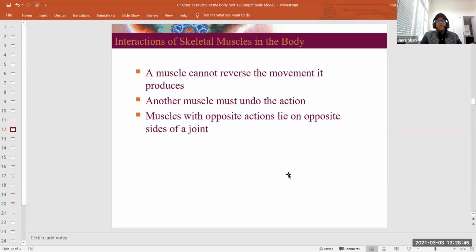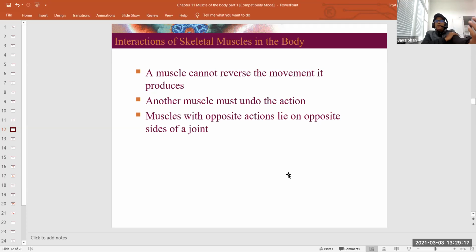Now, interaction of skeletal muscles in the body. Each time you flex your elbow or arm, the anterior muscles are flexing. All the muscles in the anterior part are either working directly for this or helping the main muscles to do this function. And the opposite muscles undo this action.